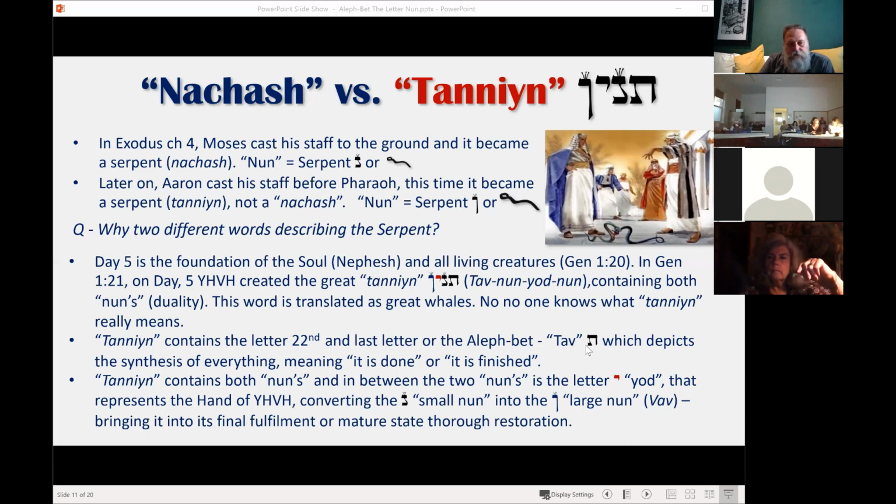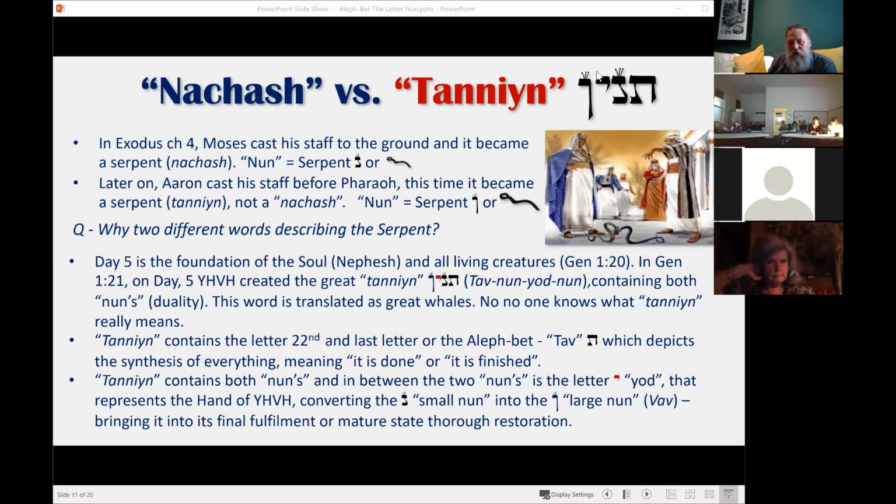So Tanin contains two nuns, as I said, the small and the large, which represent these forces of duality, or the two serpents, the opposing forces that exist within the world of duality. But in between these two nuns, we have the letter Yod, which we know is the hand of Yahweh, which is also the spark of life, or the energy that comes from Yahweh, which has and contains all life.